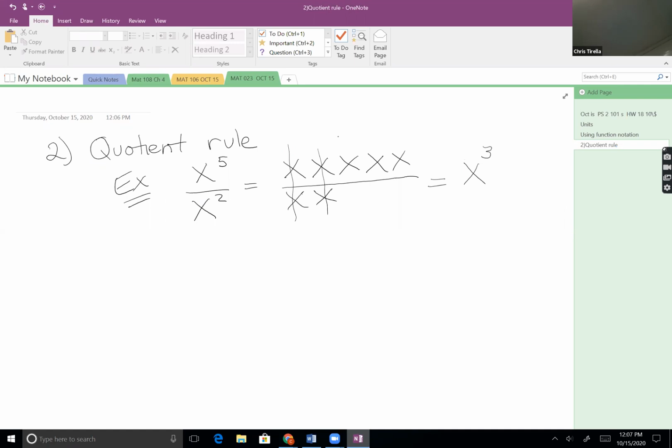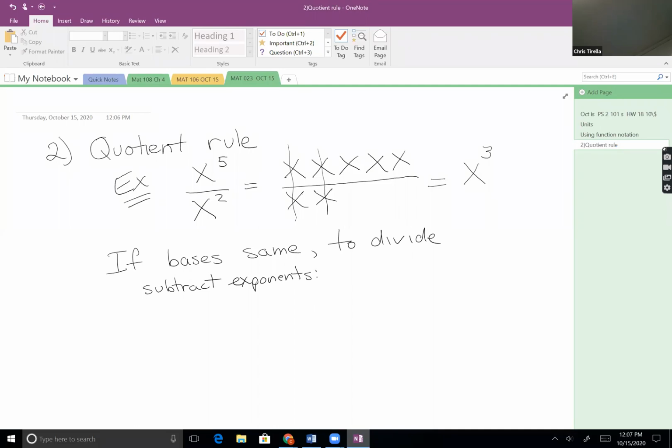And again, to get that exponent of 3, if you want to, you can draw it out and cancel, but most people find that it's easier to subtract the exponents. So again, if the bases are the same, divide, we subtract the exponents.